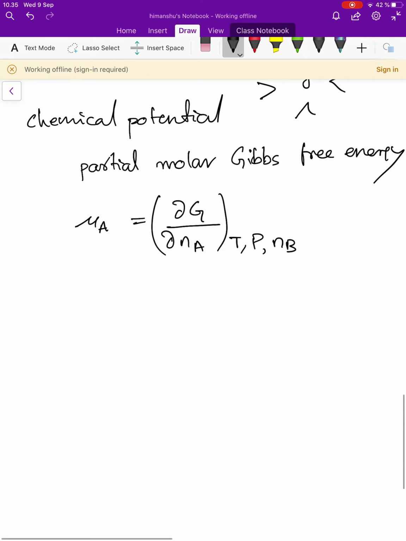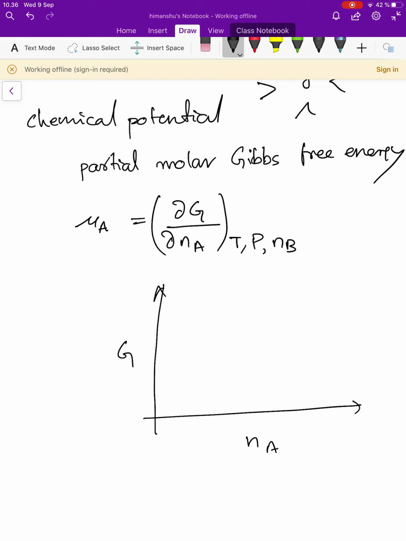So if I were to plot the Gibbs free energy as a function of the number of moles of A, I might get something like this. And the slope of this curve at any point, this was not correct.